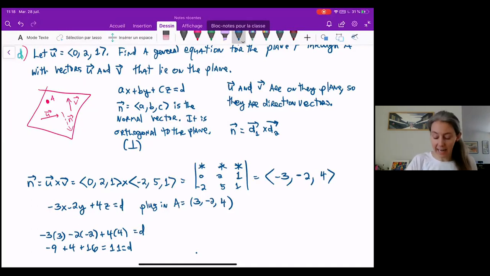So my plane is negative 3x minus 2y plus 4z is equal to 11.